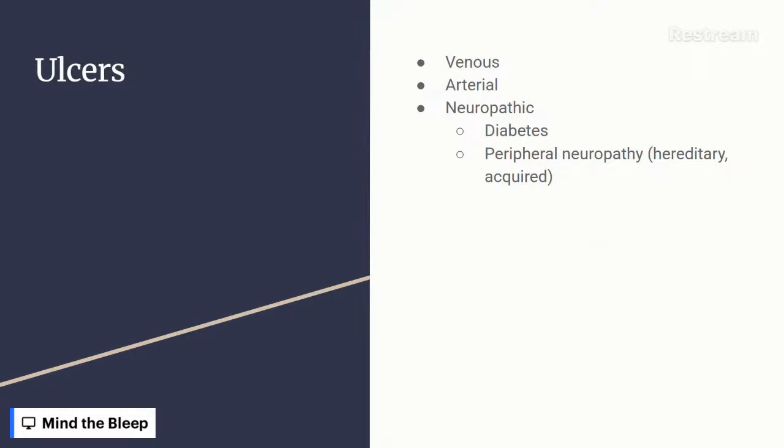Typically, the majority of them will be as a result of diabetes, so peripheral neuropathy caused by diabetes, but also there can be other causes, including hereditary causes or acquired causes due to maybe B12 deficiency caused by alcoholism, or sometimes even chemotherapy. There's various different causes. So they're our rough categorizations for ulcers.